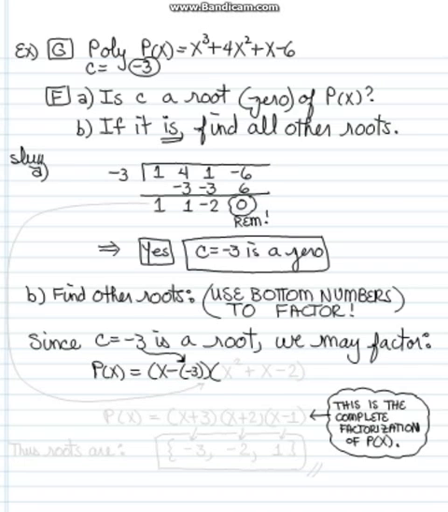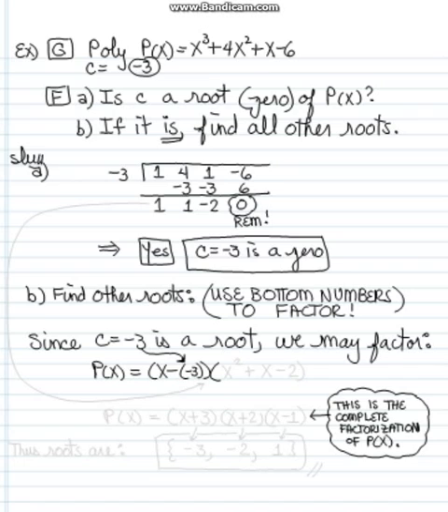And then we're going to multiply that by the polynomial that comes from the coefficients on the bottom of our synthetic division. Look at the synthetic division we did. On the bottom, we have the number 1, the number 1, the number negative 2, and then, of course, the 0. So if we use those as coefficients of a polynomial 1 degree lower than the original p of x, that's what we're going to multiply the x minus c by.